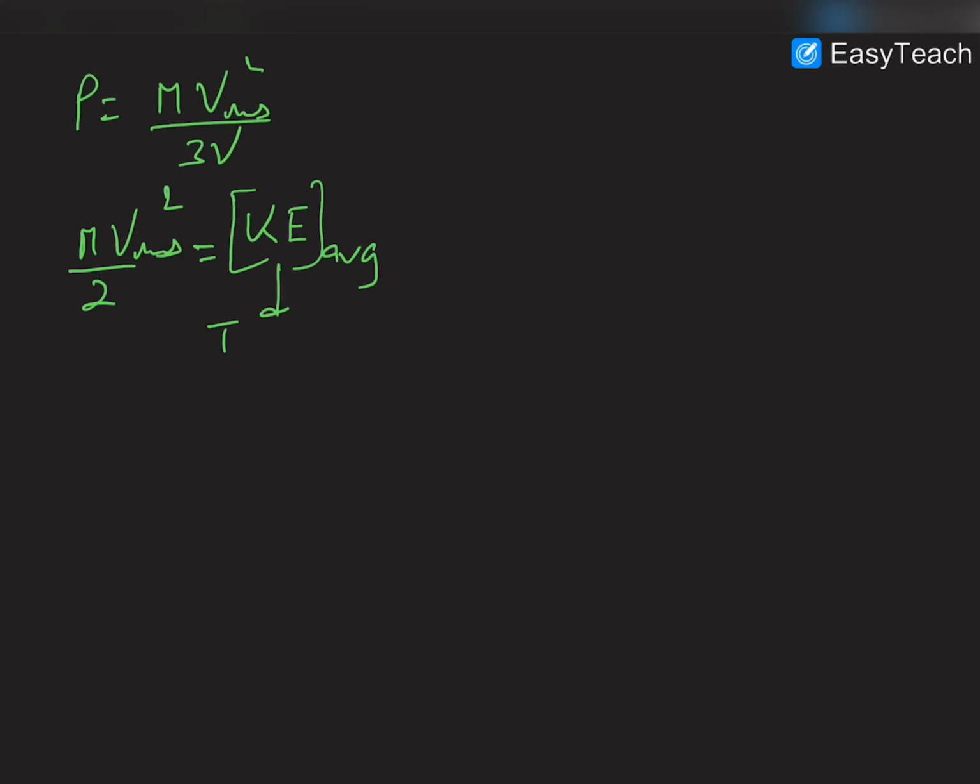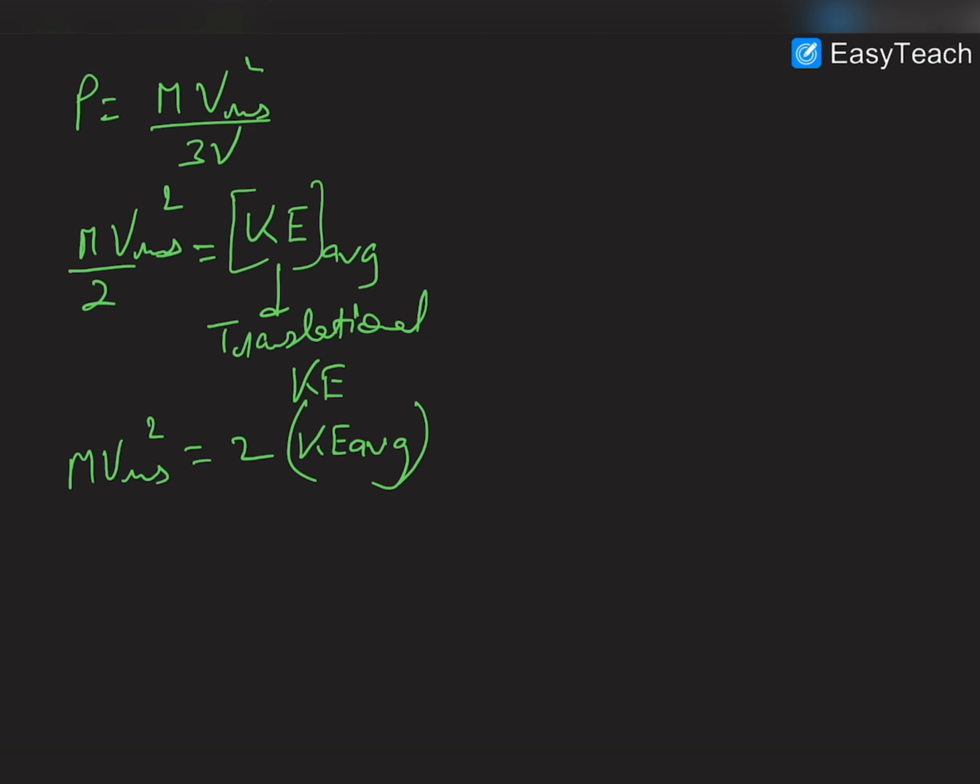So we can say that m V RMS square is equal to twice the average kinetic energy, which is translational, and we can substitute this value in the place of m V RMS square.